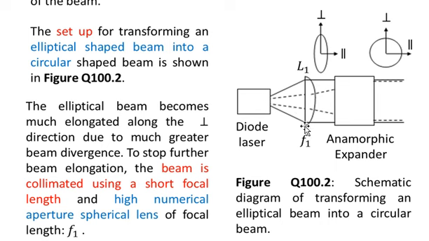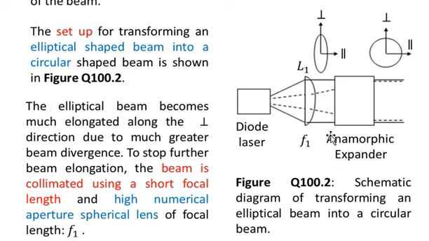You see that a lens L1 of focal length f1 has been placed. This is a cylindrical lens, so it will only act on the dotted lines, that is the horizontal beam, and will try to make its diameter equal to the diameter of the vertical beam shown in solid line.